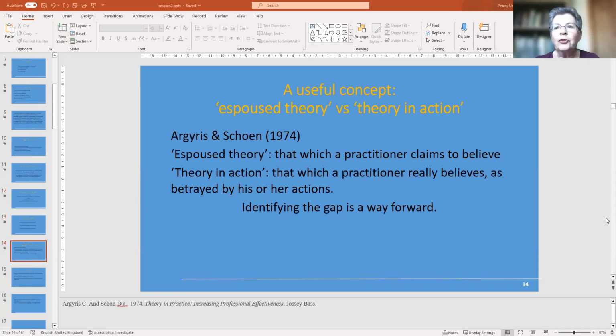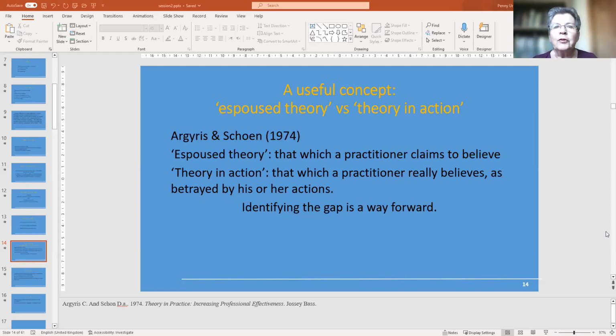And by the way, just a slight digression here. I don't know if you've come across these two expressions. I find them really useful: espoused theory versus theory in action. Again, it's a very old book. One of the reasons I put this onto a normal view rather than full screen view is you can see the references at the bottom if you want them in the notes.